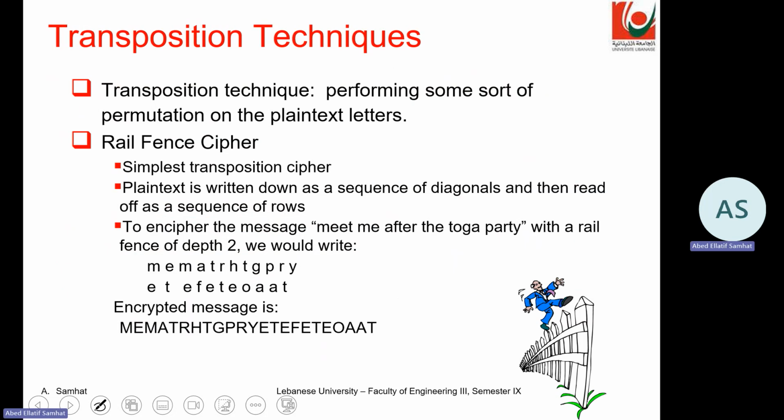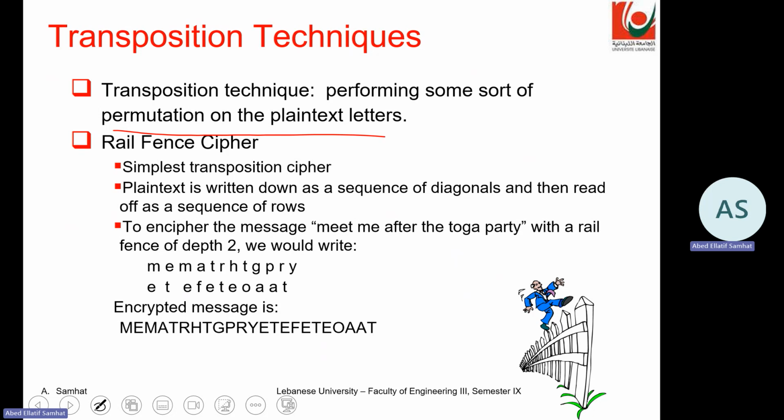So after presenting the different substitution schemes, let's see together the transposition technique. In the transposition technique, which is also an efficient mechanism, we perform some sort of permutation on the plain text letters.